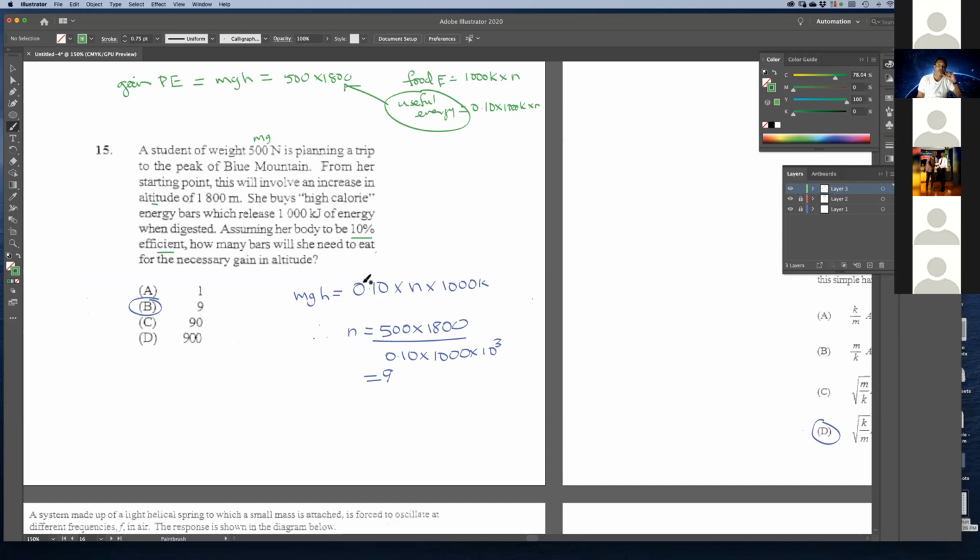That is why I wrote the equation in this form, that mgh is equal to 0.1 by n, which is the number of bars she's eating, which you don't know, by 100,000. And since we already got mgh, we can solve for n to get 9.